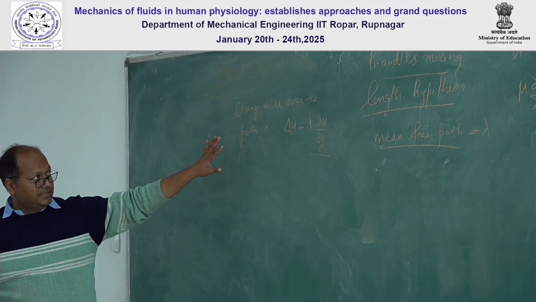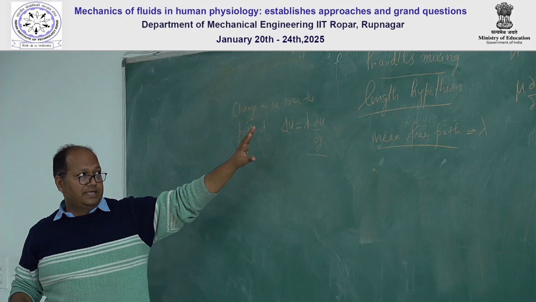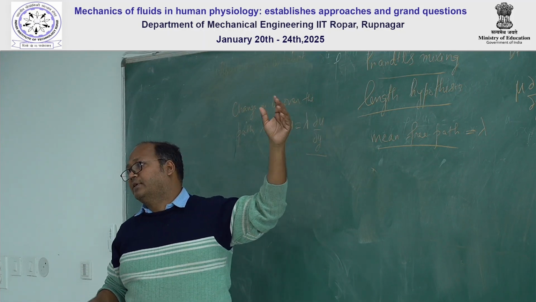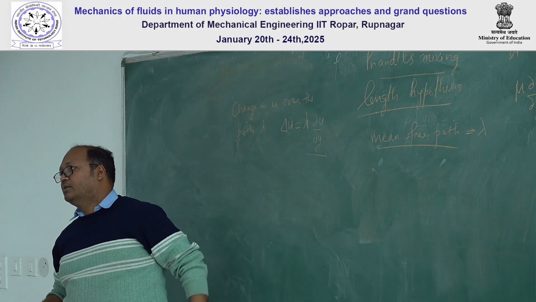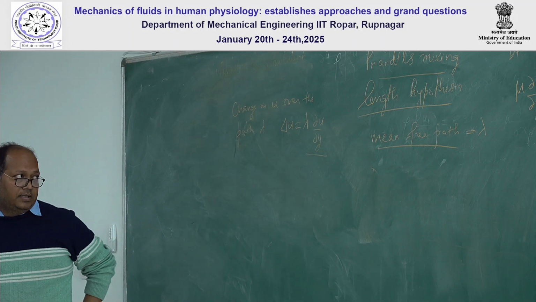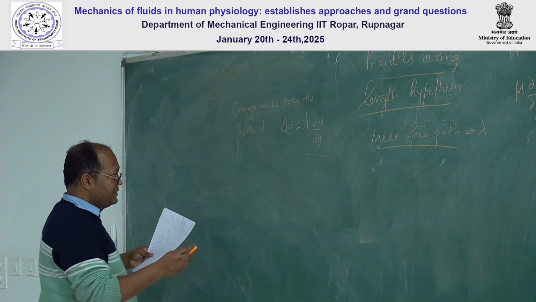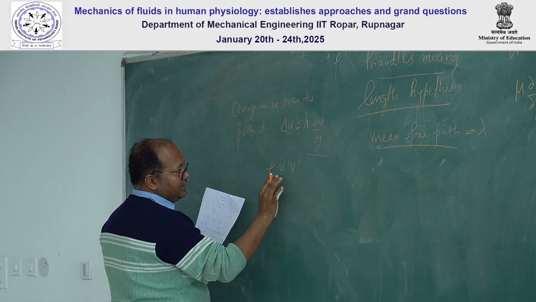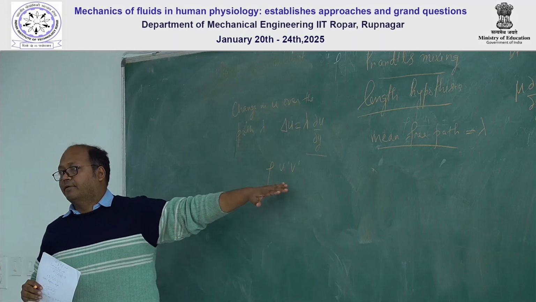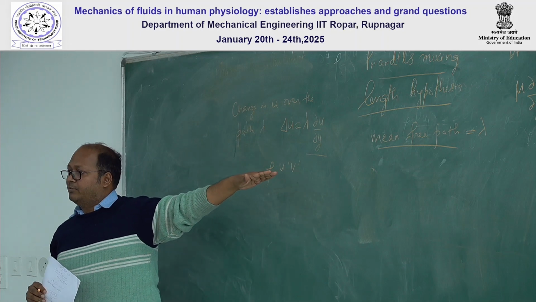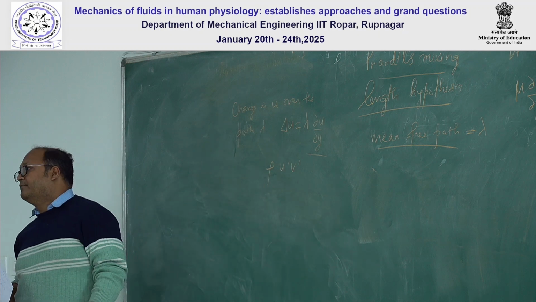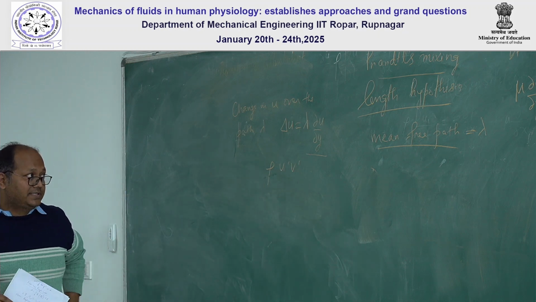So the mixing length is the reference length scale over which the mixing of momentum takes place. It is driven by rho u dash v dash, which arises out of the momentum transfer due to the fluctuating components. So these will be the driving parameter for determining the mixing length.